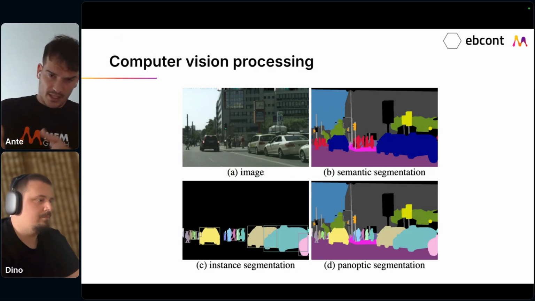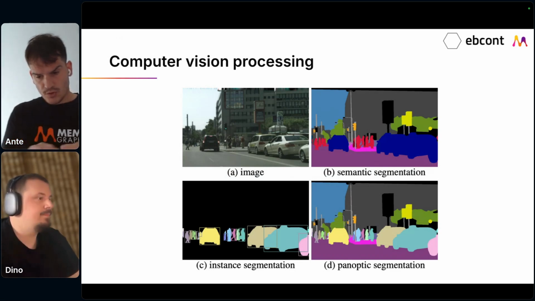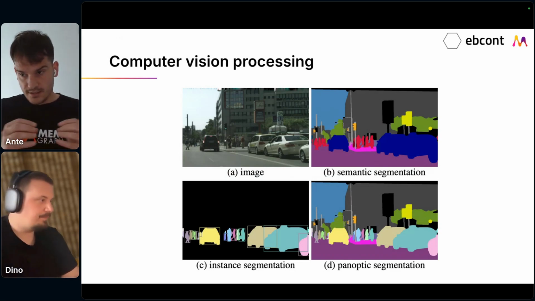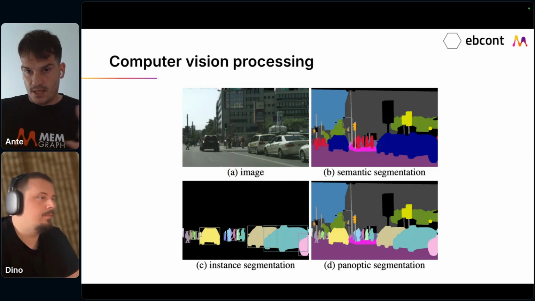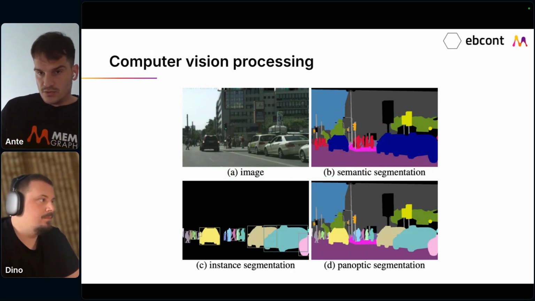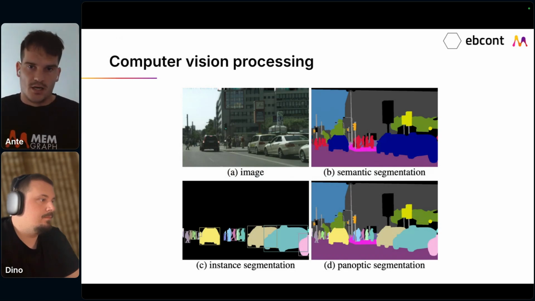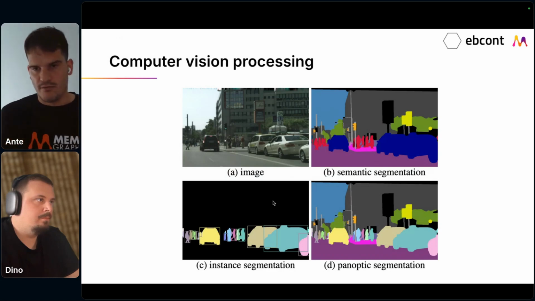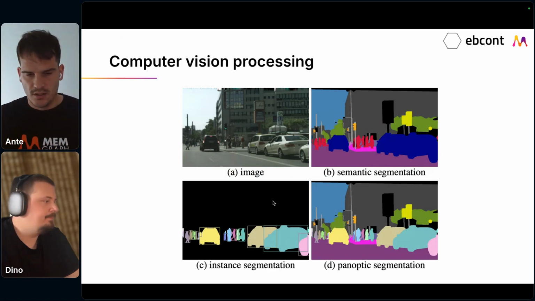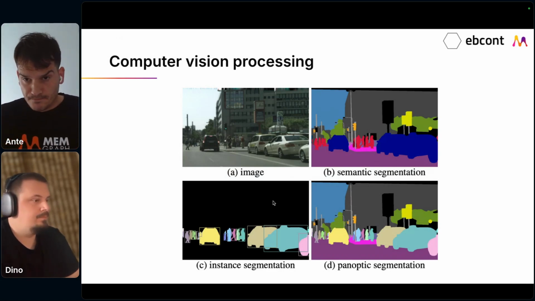And then from semantic segmentation, you can do instance segmentation, which is, okay, I have the cars, they share the same semantic meaning in the image, but we have different cars in that image, so what brand they are, what type they are, etc. So this is a deeper level of processing.